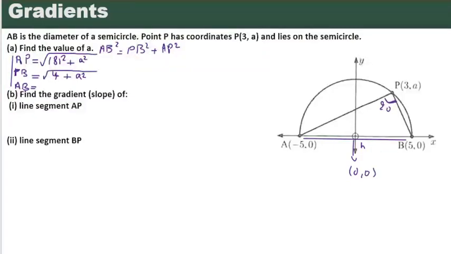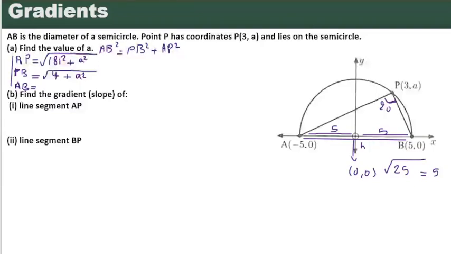So if I find the distance here, 5 minus 0 to the power of 2, which is 25, and 0 minus 0 to the power of 2 gives me 0. Again, I will get 5. That's my radius. So the diameter would be 10, twice the radius.